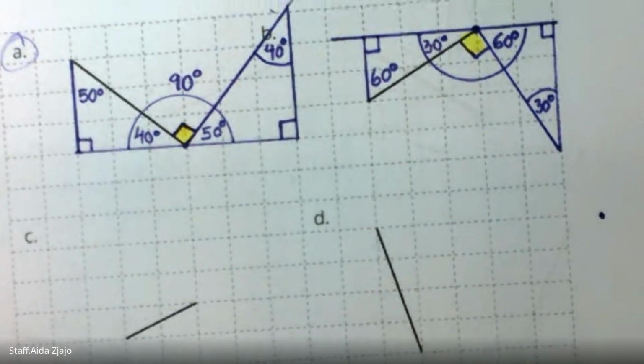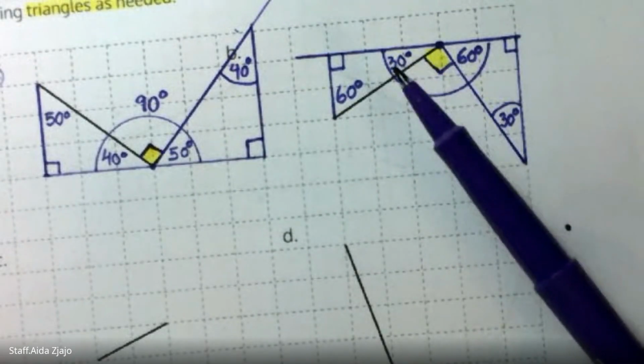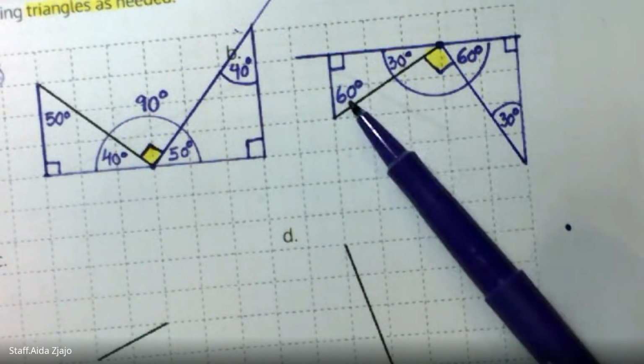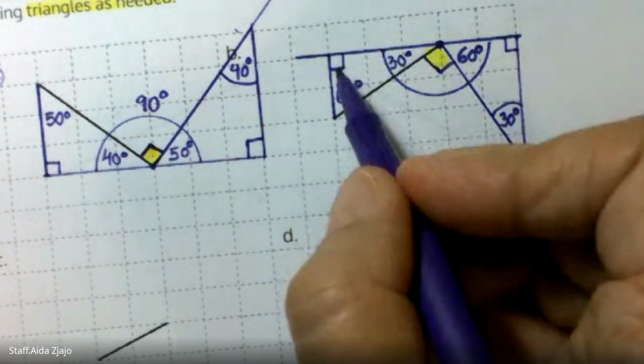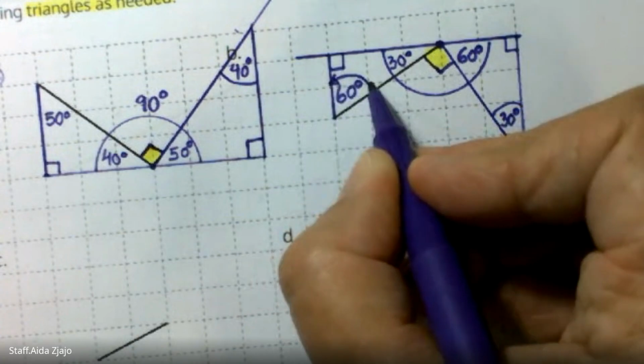So what this means, if you don't understand, is if I take a right triangle and I cut this angle and the right angle, they all are going to give me 360 degrees.